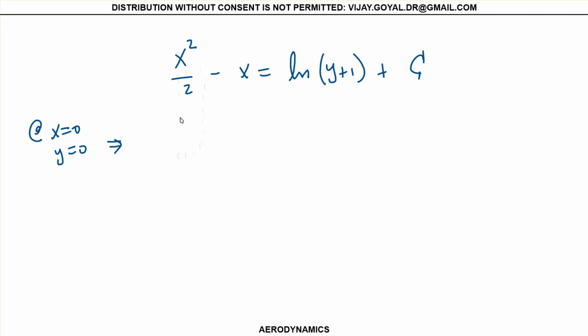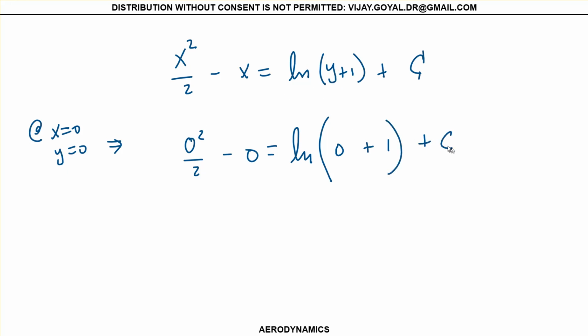So if I plug these values in here, 0 squared over 2, because x is 0, this is 0, is equal to the natural log of 0 plus 1, because y is 0, plus C, okay? Then you can see that 0 is equal to the natural log of 1 plus C, and the natural log of 1 is 0. So that means that C is equal to 0.